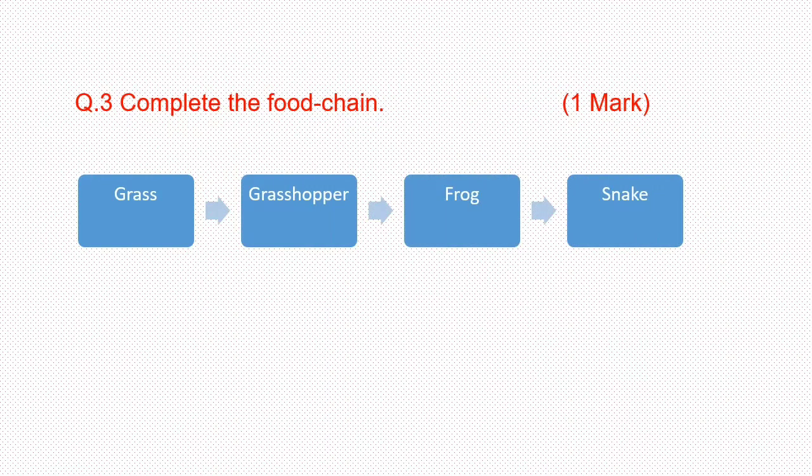Question number 3. Complete the food chain. This is for 1 mark. Grass, grasshopper, frog, snake. This food chain is in our ecosystem.